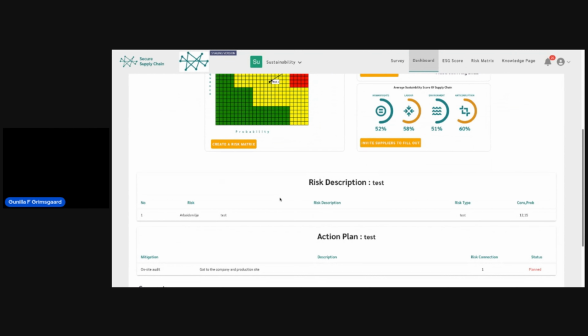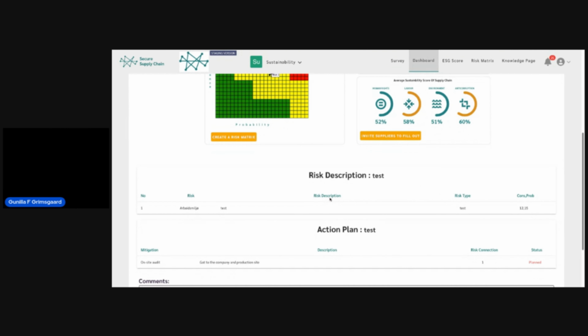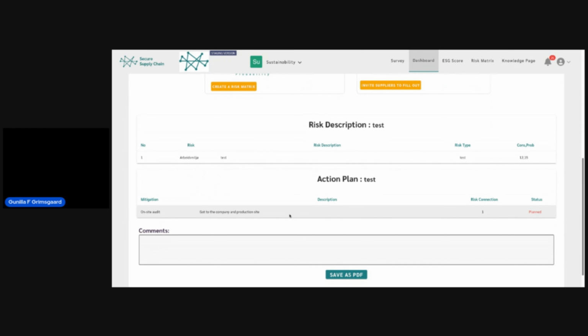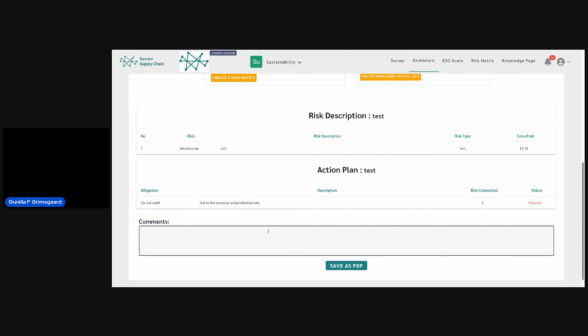This is an overview of the risks. So as you can see, it's not so thorough, but it's just to give an idea. And then this is the mitigation action that we did. Maybe I want to put in some comments here. We have focused on. When this is all done, I can actually save this as a PDF.